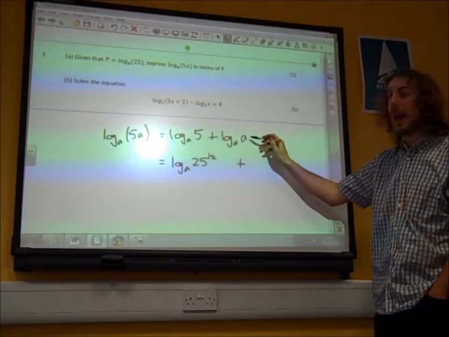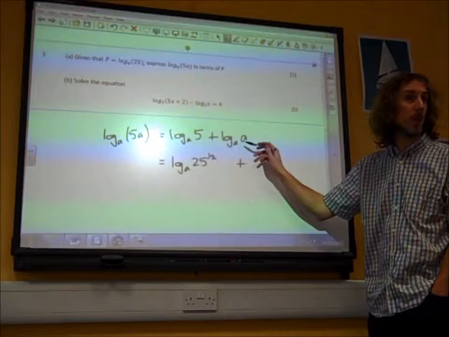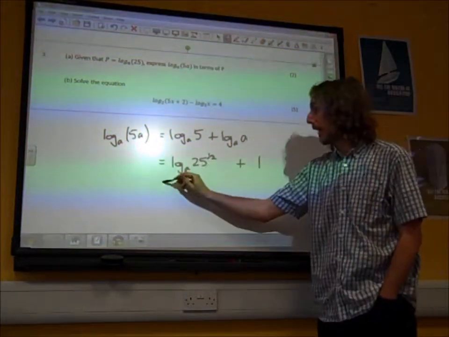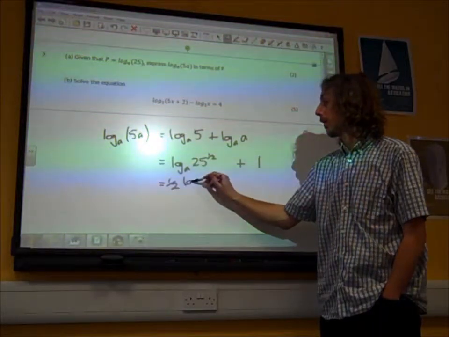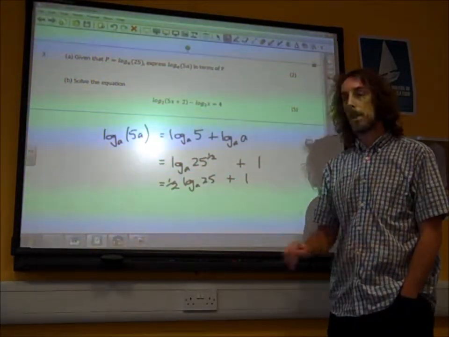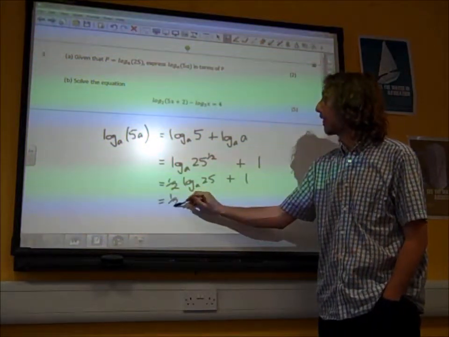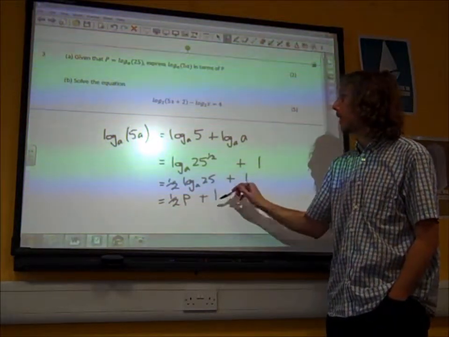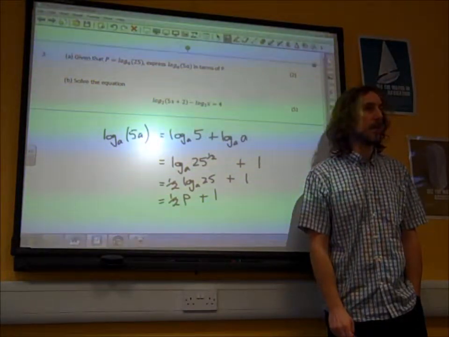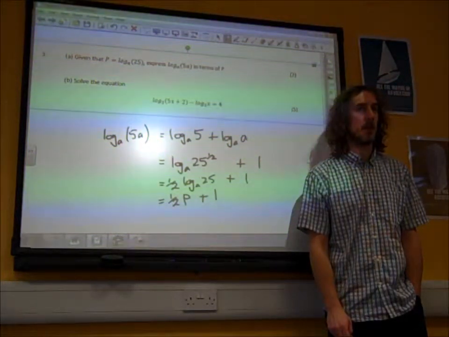And log base A of A is equal to 1. So this bit here is a half of log base A of 25. And so the answer that we're looking for is a half of P plus 1. Did we get that? Did anybody get that?